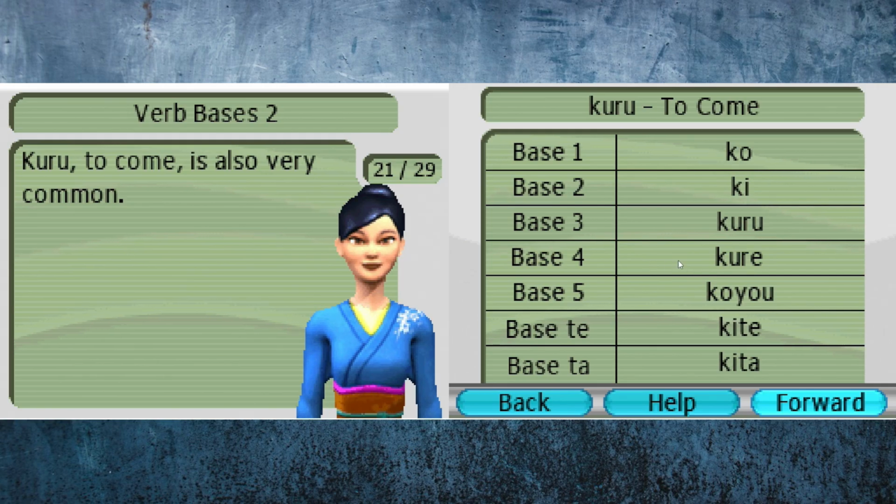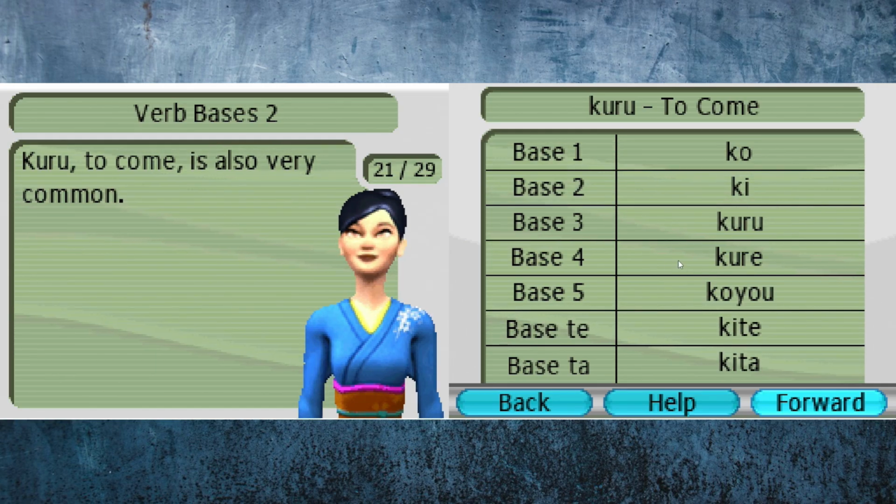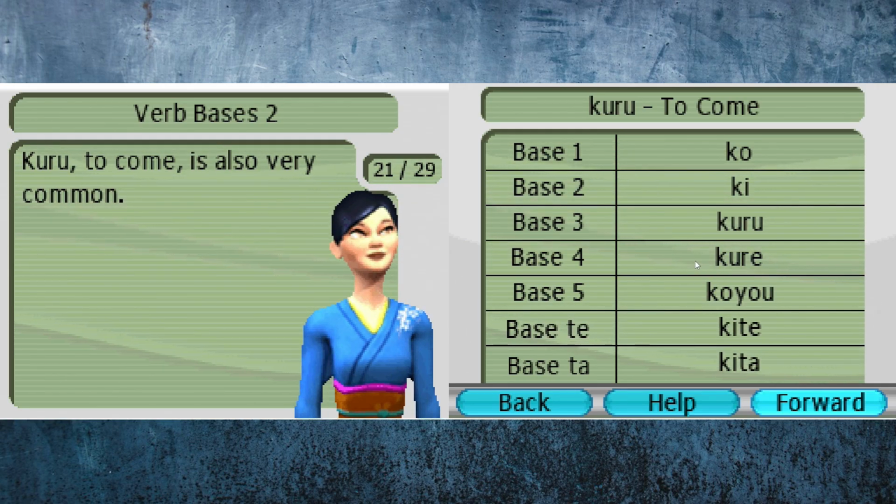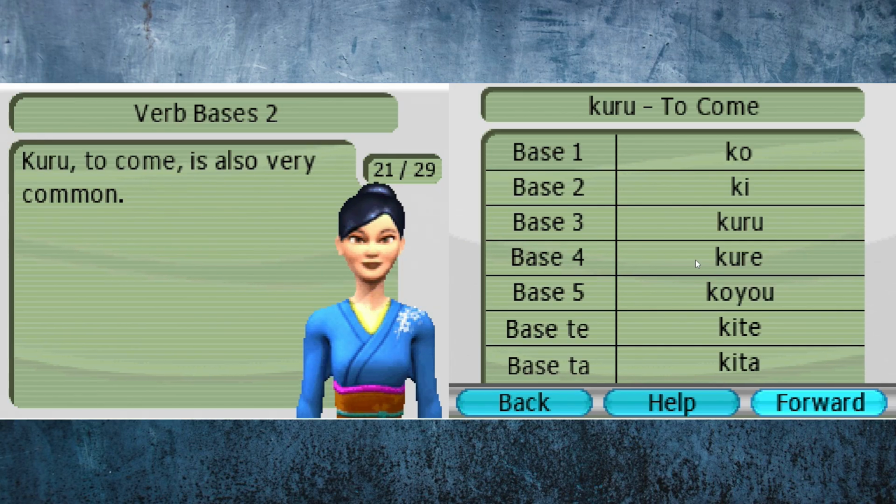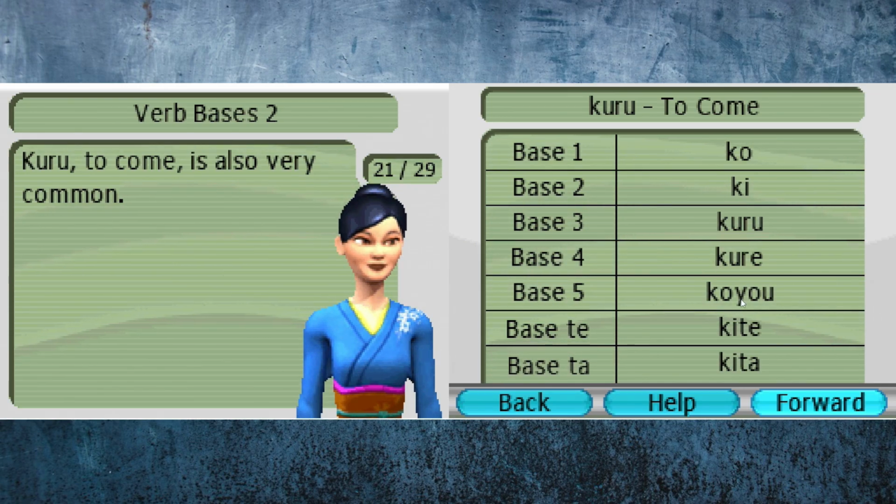It's not potential form, I got this all wrong. So eba form, kureba? Is it like kureba yokatta desu? I don't know. But yeah, it's eba form. I don't remember if I learned it, so I'll skip it. Base 5 is volitional form, koyo. And then te form is kite. And ta form is kita.